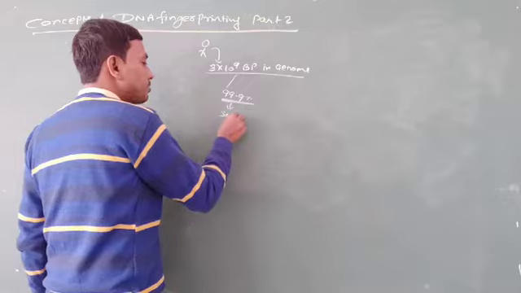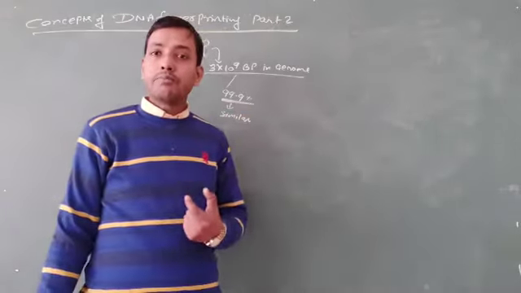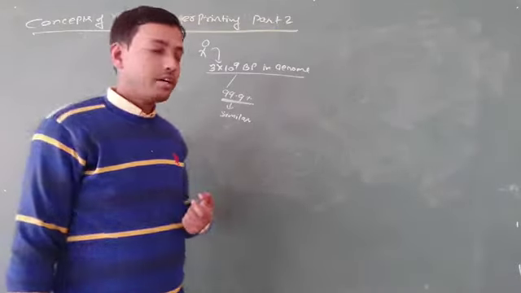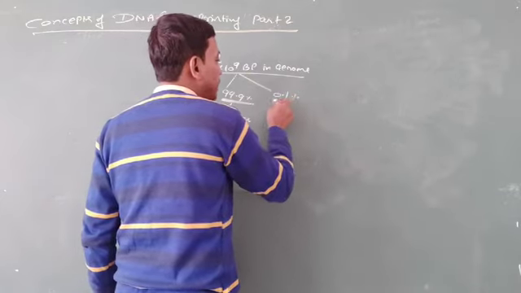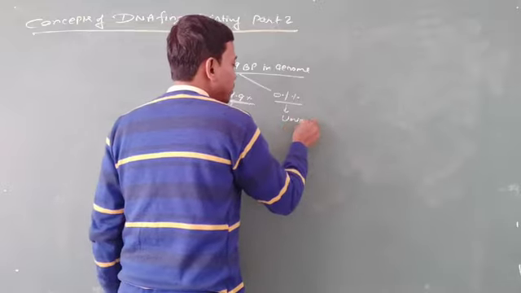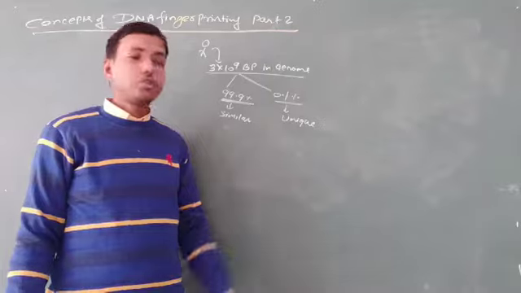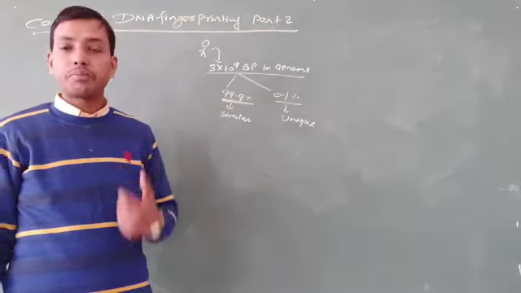So we can say that 99.9% of DNA is the same in all people, and only 0.1% of that DNA is unique. That 0.1% unique DNA gives the clue for DNA fingerprinting.